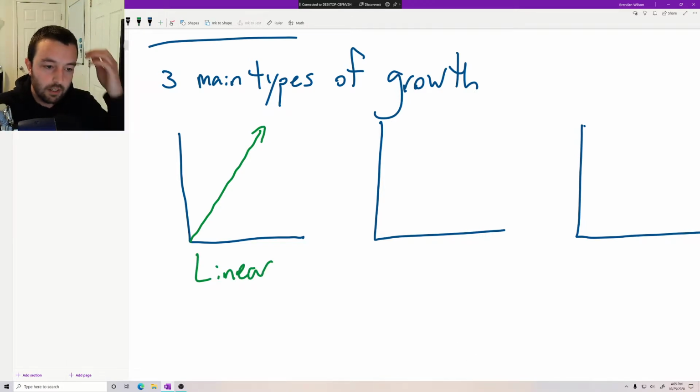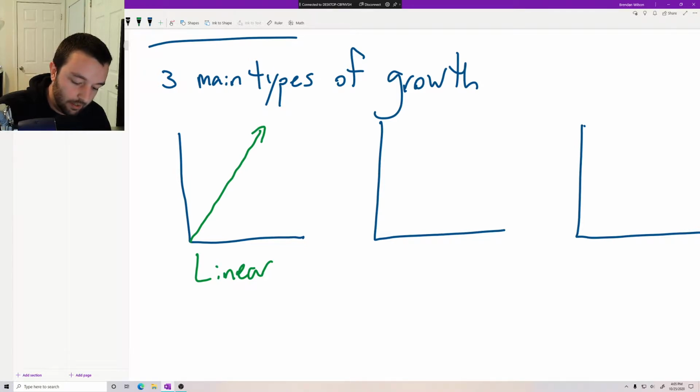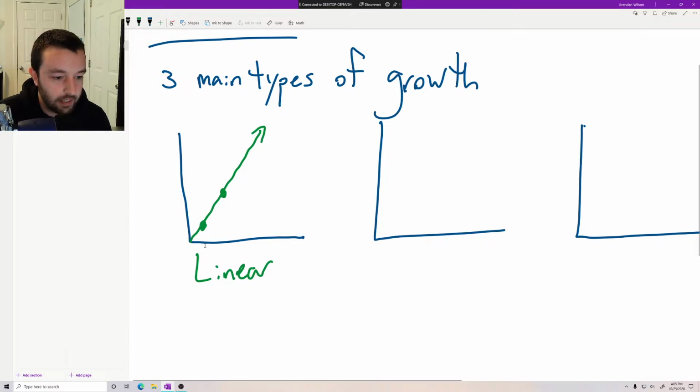So that means if we plotted its growth on a graph like this and we drew a line, it would look like a straight line. So what it would look like is we would have, at this time, this much of it, and then at this time we have this much of it, and so this part would be the time, this part would be how much we have.